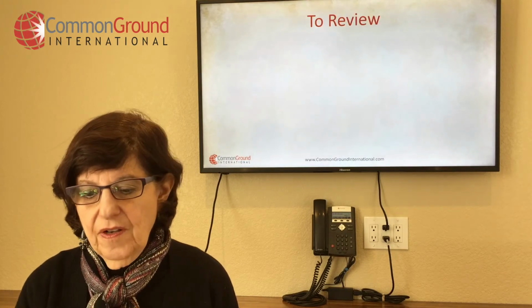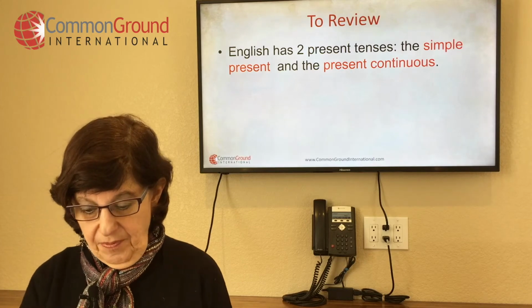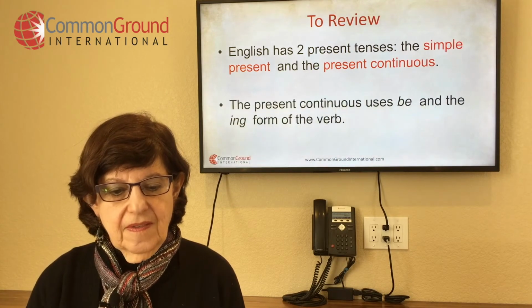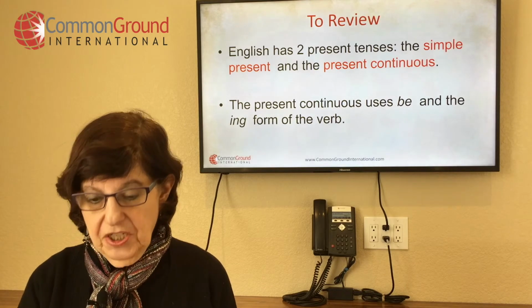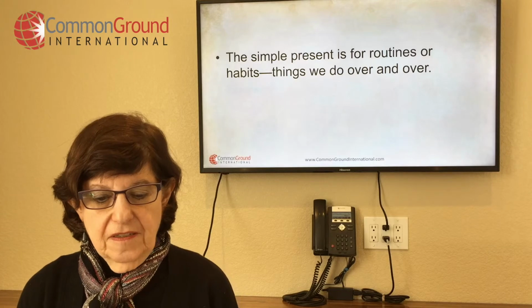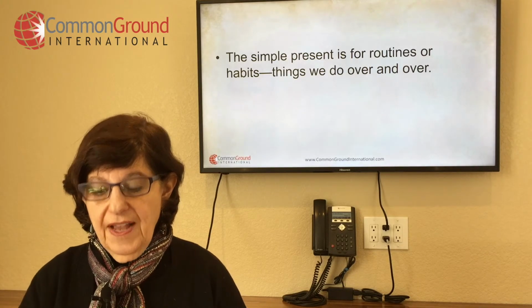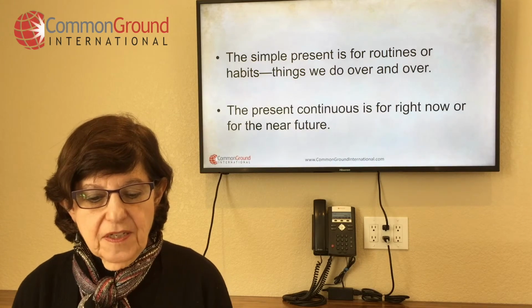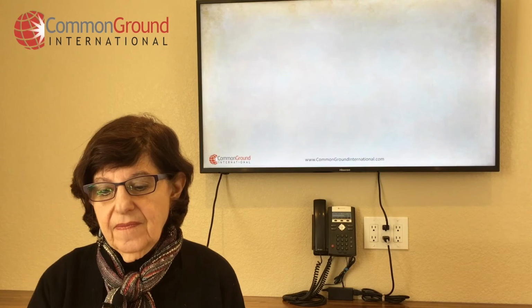Let's do some review. English has 2 present tenses, the simple present and the present continuous. The present continuous uses be and the ing form of the verb. The simple present is for routines, habits, things we do over and over. The present continuous is for right now or the near future.